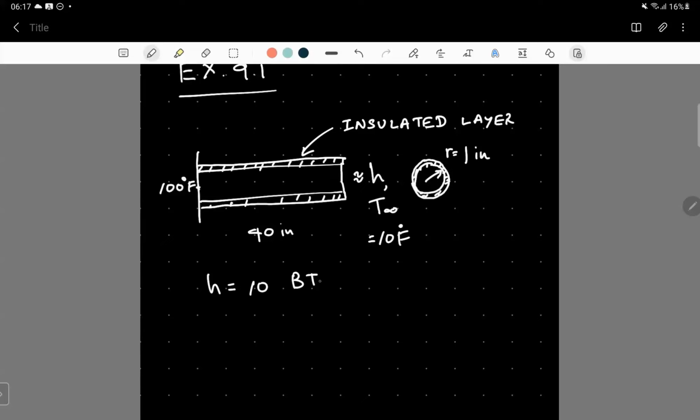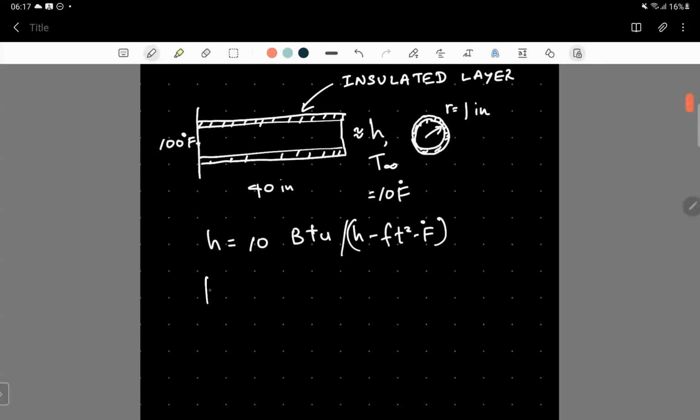per hour per feet squared per Fahrenheit. We will be using imperial units here for you to get a hang of such problems too. These are the values which we require to calculate the conduction and the convection heat transfer coefficients when we talk about the temperature distribution along the length of the rod.